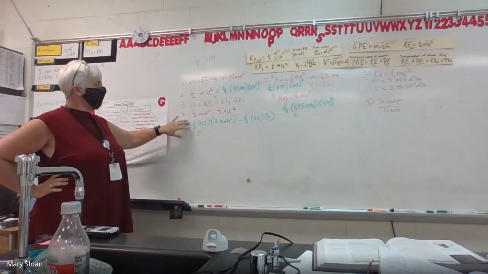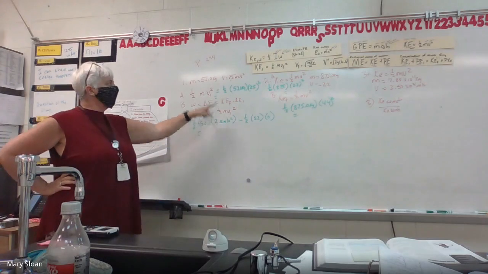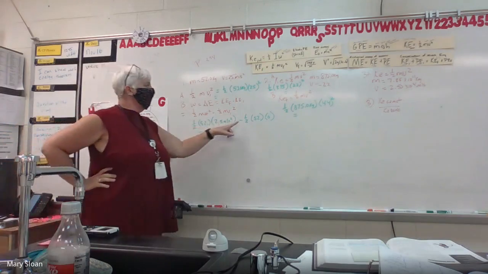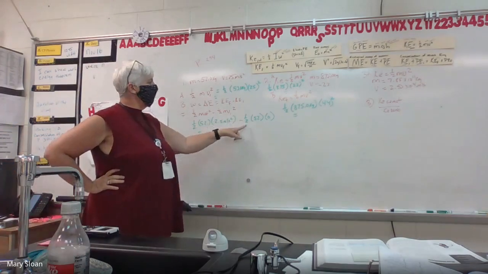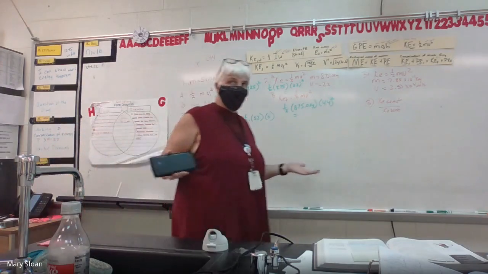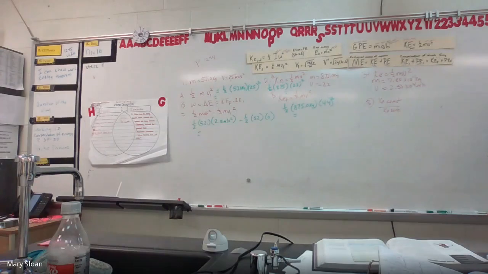So I'm doing 1/2 times 52 times 2.5 squared, right? That's my final velocity. Minus 1/2 times 52 times 0 squared, because she started from rest, and that's a 0. So let's see what you get.